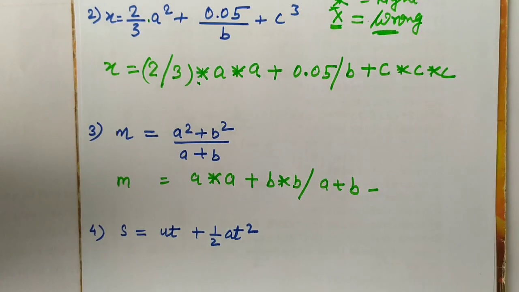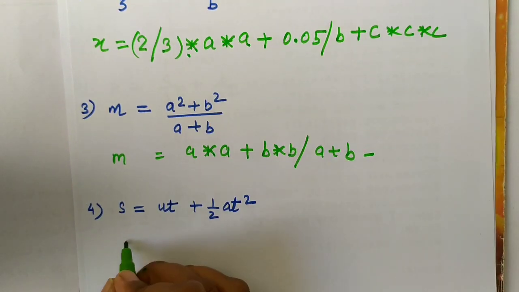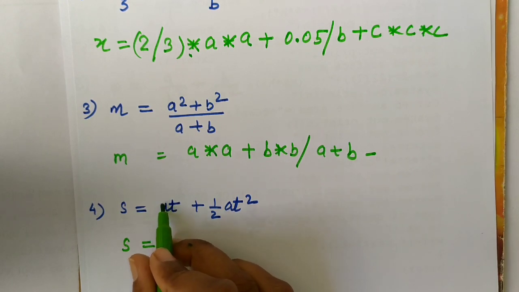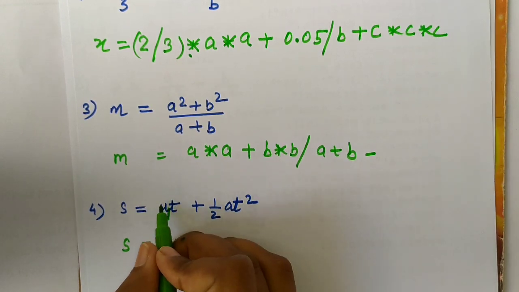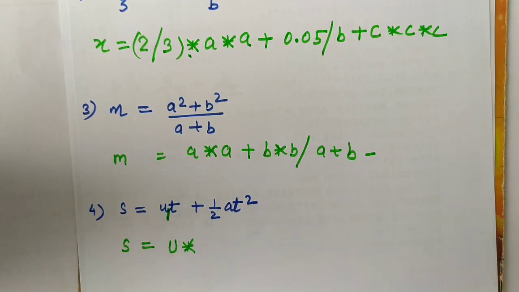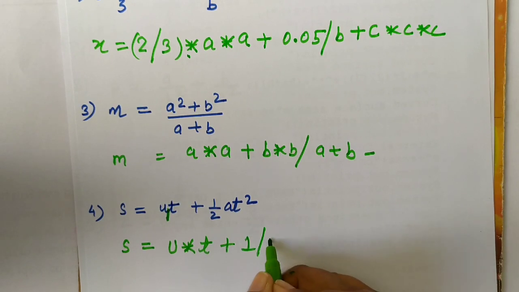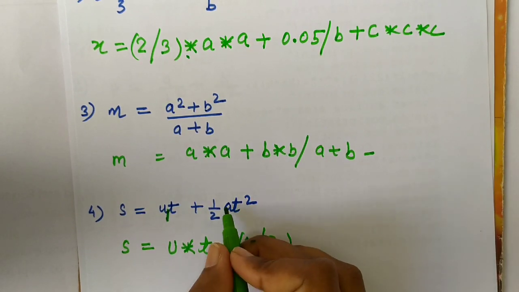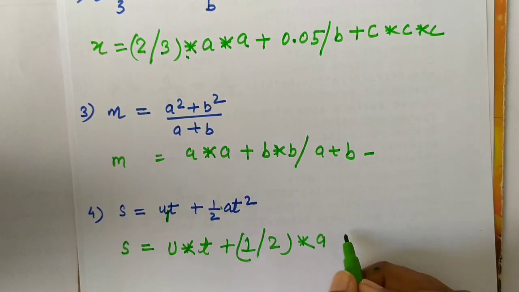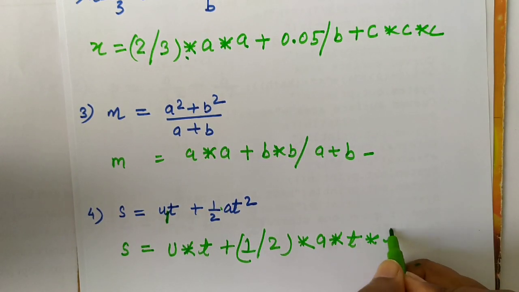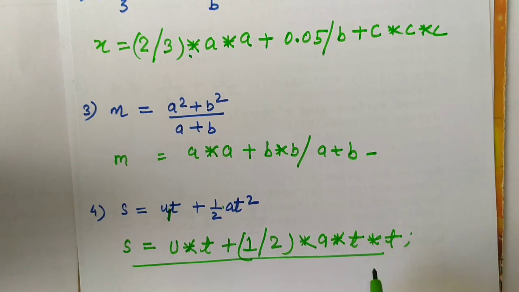This is one more mathematical expression, and we have to write it like this. s = u * t + (1 / 2) * a * t * t. These are the expressions.